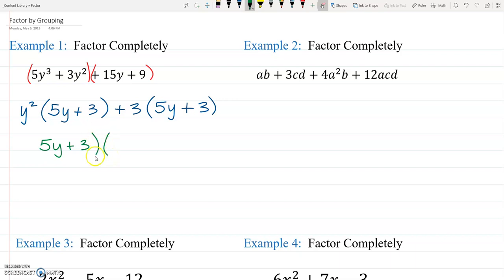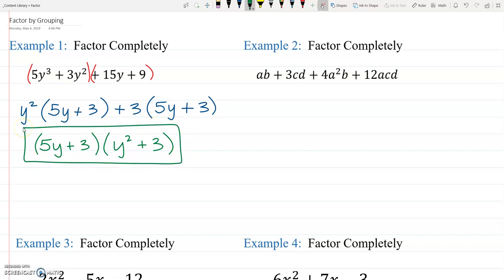And because it's a binomial, I'm going to put it in parentheses, which is fine. But now I need to write what's left. If I take a 5y plus 3 out of this first term, what is left is y squared. If I take a 5y plus 3 out of this second term, what is left is a plus 3. I have now officially factored example 1.